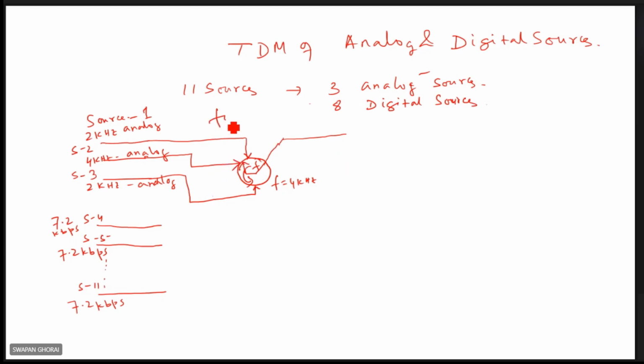And if you use 4-bit PCM, that means 16 bits will be generated. So 16 bits per frame, that is 16K samples.